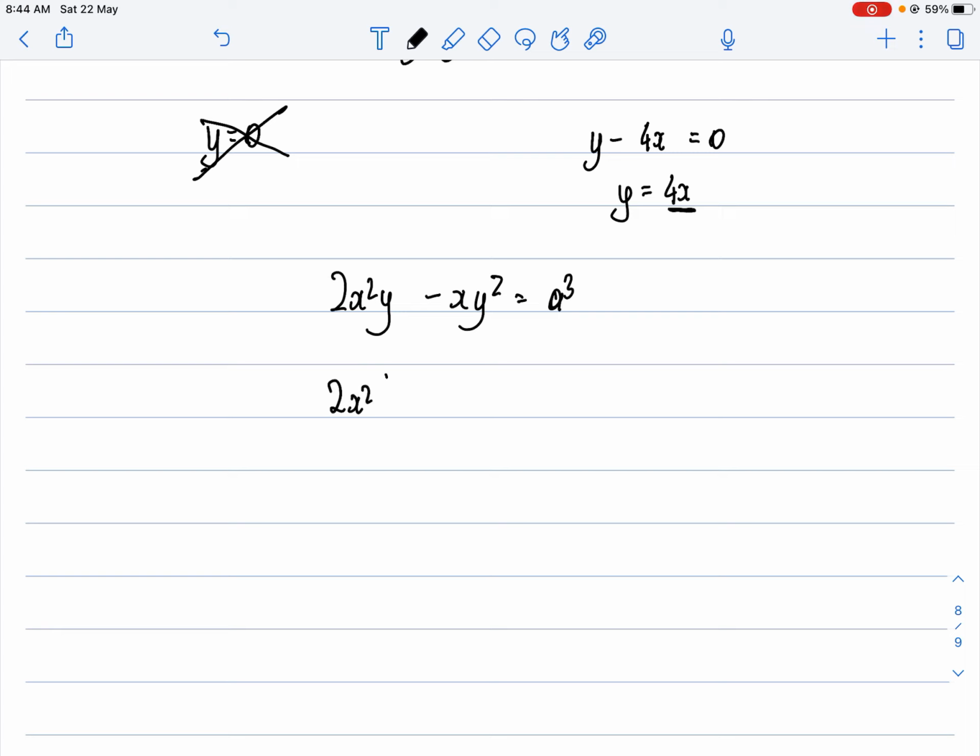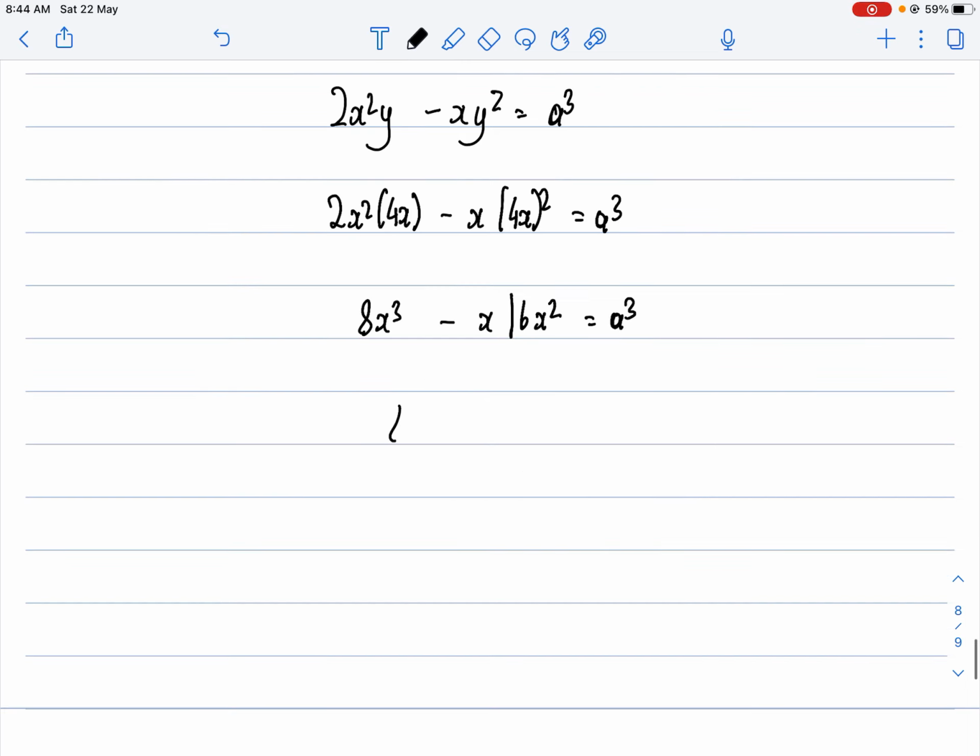I'll get 2x square into 4x minus x into 4x square equals to a cube. So 2 into 4 I know is 8, x cube minus x into 16x square equals to a cube. So I can write this as 8x cube minus 16x cube equals to a cube.